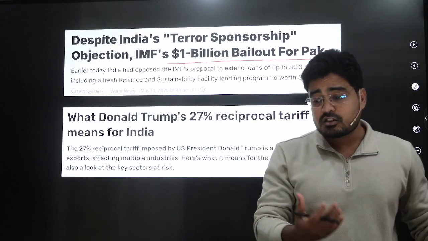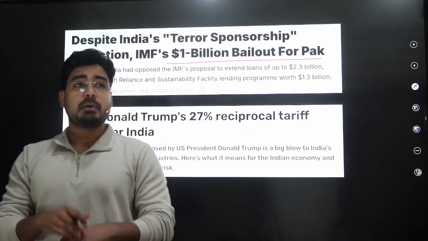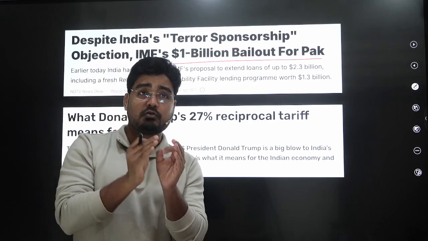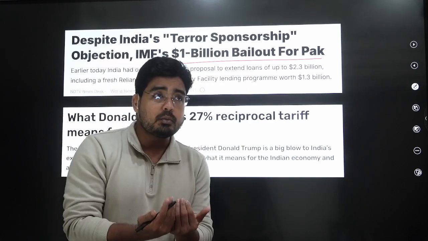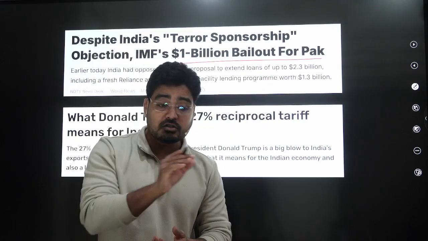A lot of experts and journalists also questioned the Indian government: despite being a significant member of the IMF and despite having significant voting rights, how could it not prevent the IMF from giving credit support to Pakistan, especially during this stage?